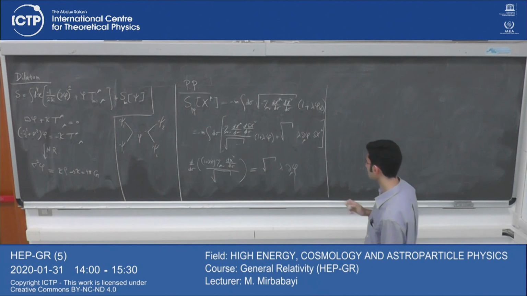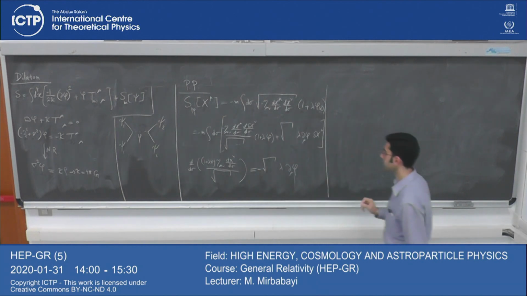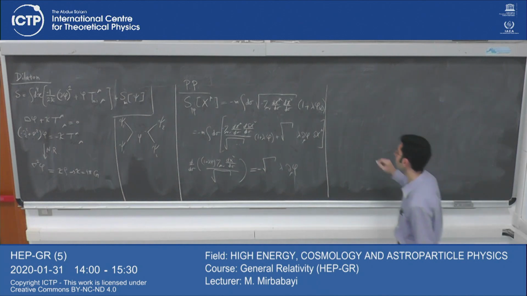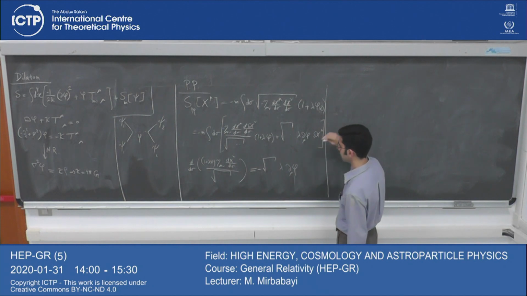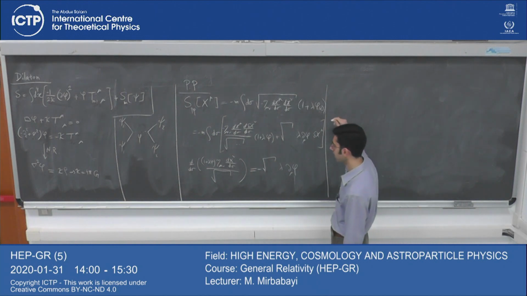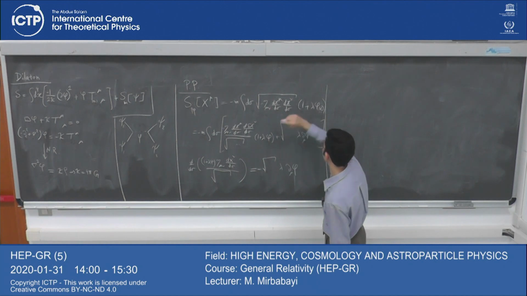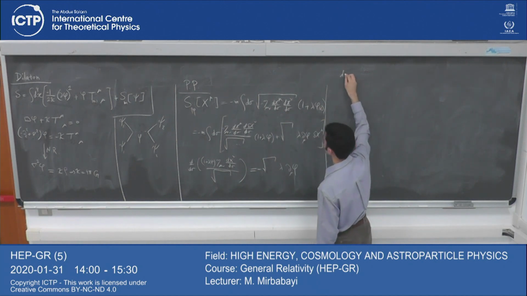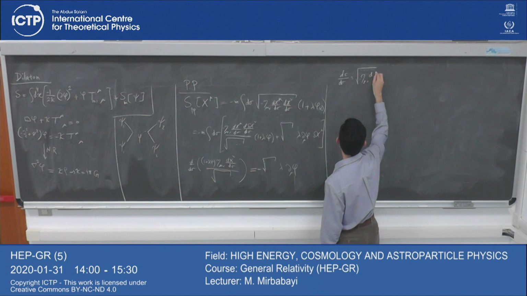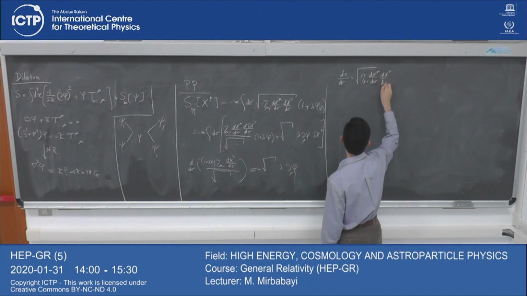Let's see, I did miss a sign here. You can divide by the square root and write it in terms of the proper time, d by d tau, where d tau by d sigma is the square root of minus eta mu nu dx mu d sigma dx nu d sigma.